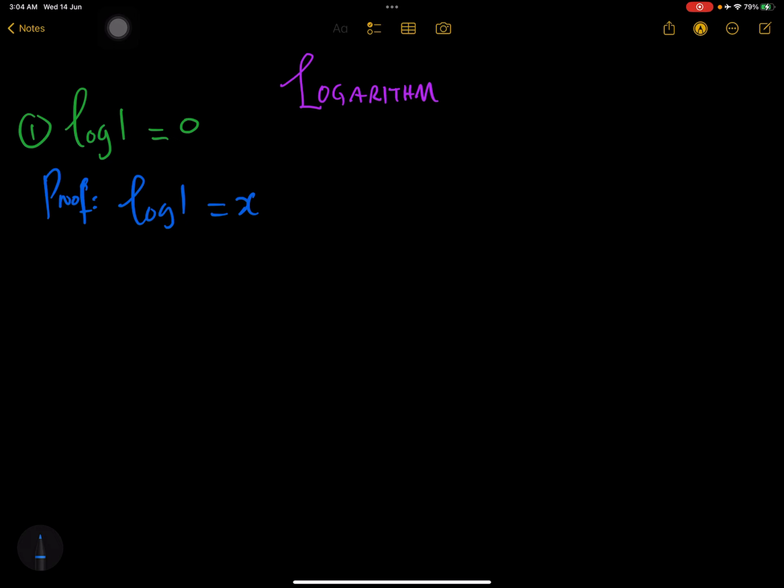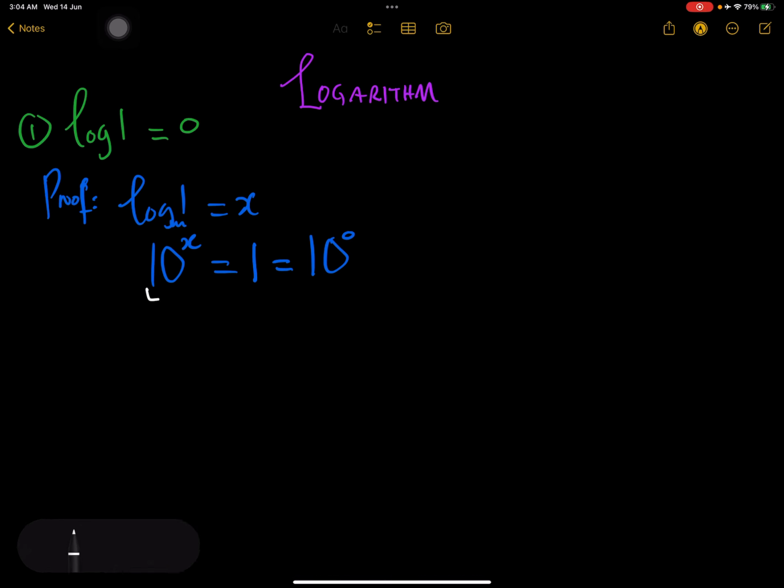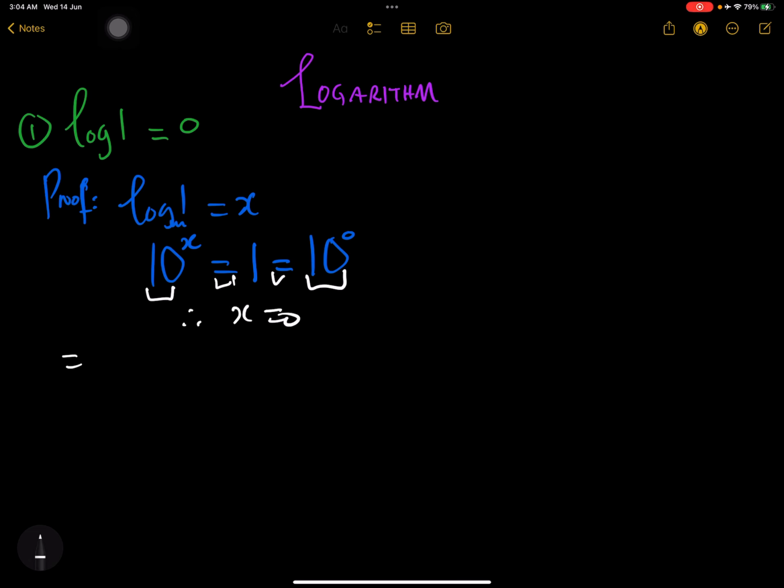And since nothing is written in the base, we assume that's base 10. So 10 to the power of x, because x is the exponent, is equal to 1. And we say 1 is the same as 10 to the power of 0. And since the bases are the same, and there's an equal to sign in the middle, therefore x is 0. It implies that log 1, which is equal to x, is 0. Therefore, log 1 is 0. So that's our first law.